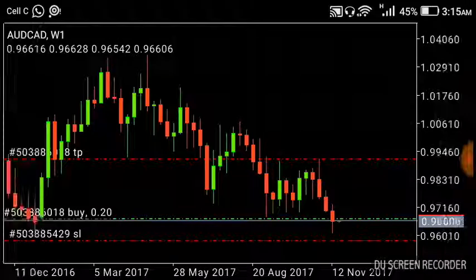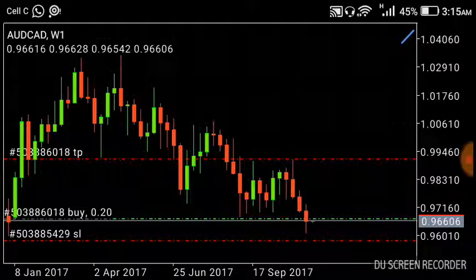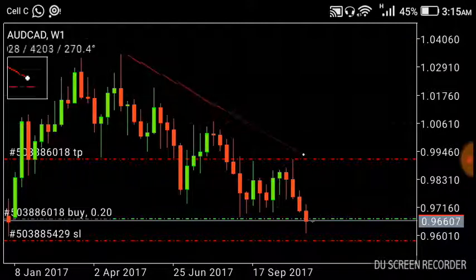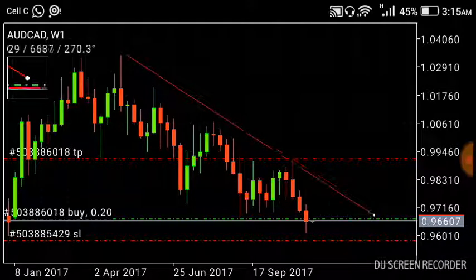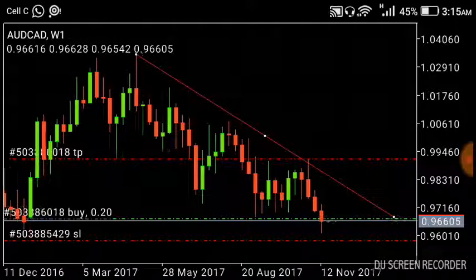For example, if I draw a trend line here, which is simply 2 points going in the same direction, we can identify that the trend is actually going down.